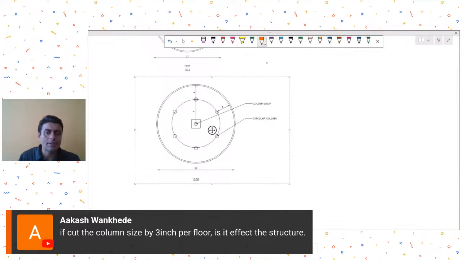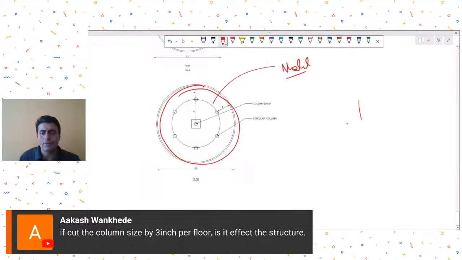My suggestion will remain the same, that you model this entire thing. It will be better if you model this, or you can do it in two parts. The tank portion you can model separately. Okay. Tank portion you model separately. You find out the wall thicknesses separately. Consider them to be pinned at top and fixed at base, and model it separately.